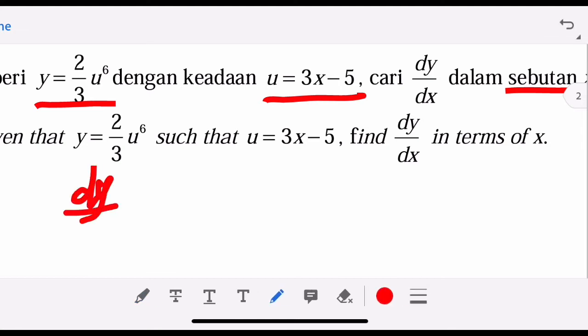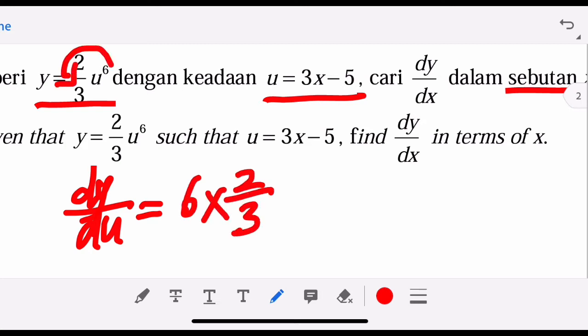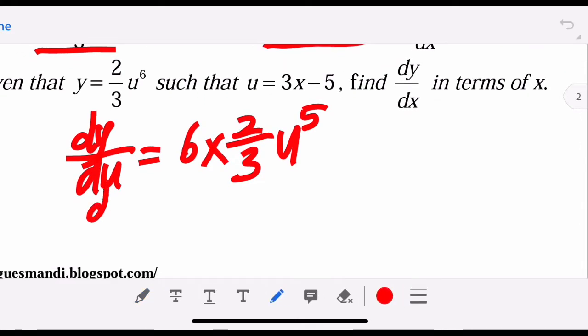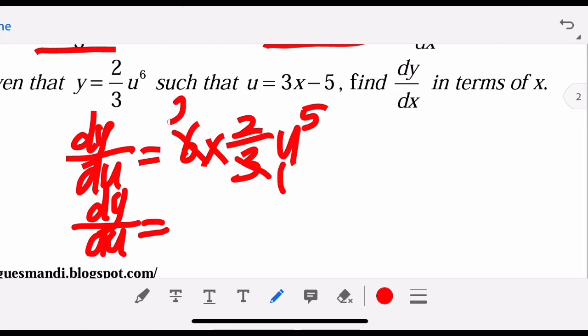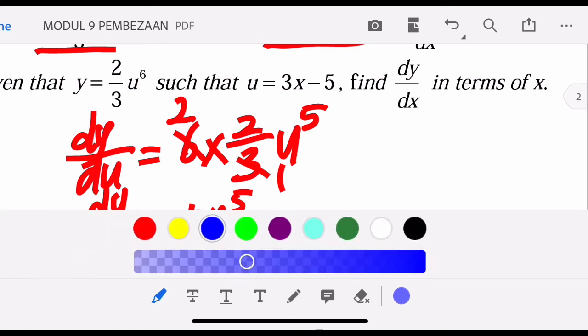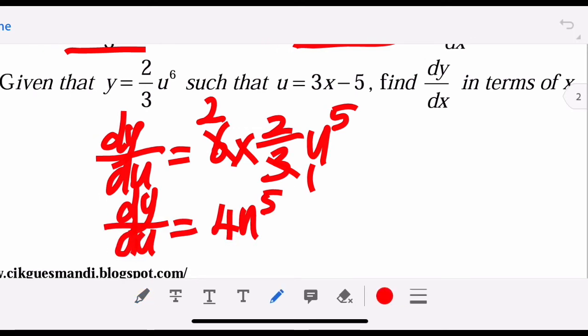So dy/du is equal to the 6 brought to the front, 6 times 2/3 u to the power 5, power reduced by 1. So dy/du is actually 4u^5. Now we need to find du/dx. du/dx is this thing. Can you see that? du/dx is 3.